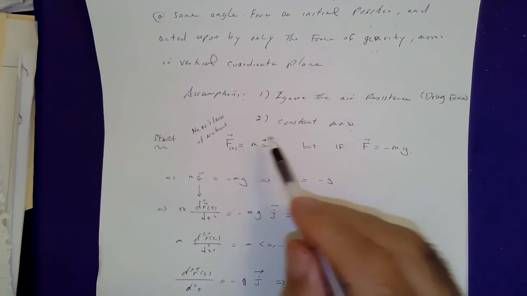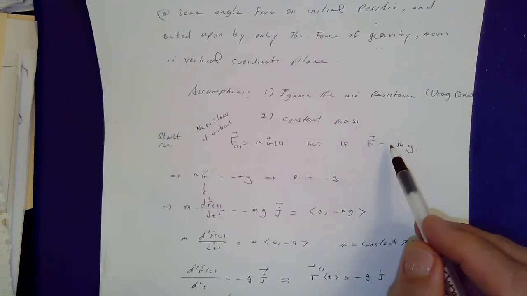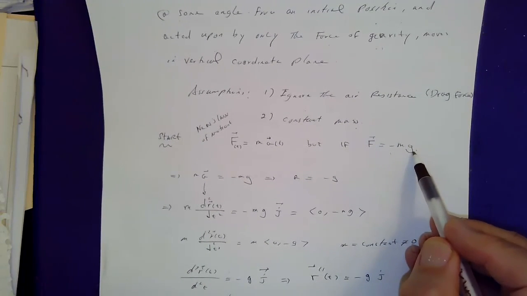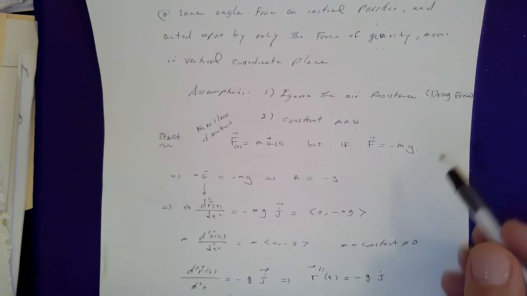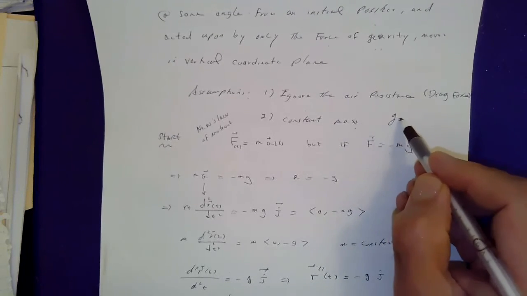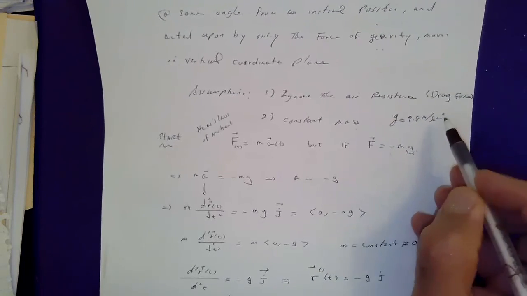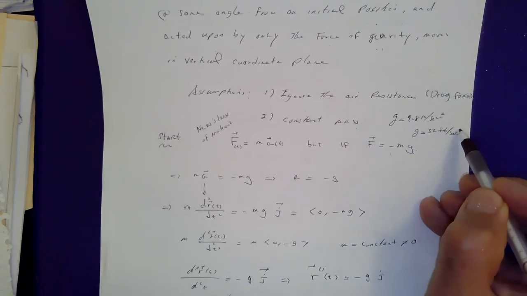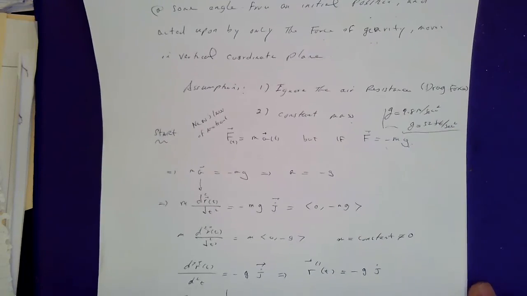So, if the only force acting on the mass is gravity, that would be the weight of the object, which is mg, and g is that constant, which is either what? 9.8 meters per second squared in the metric system, or 32 feet per second squared in the English system, correct? So it's the constant of gravity.